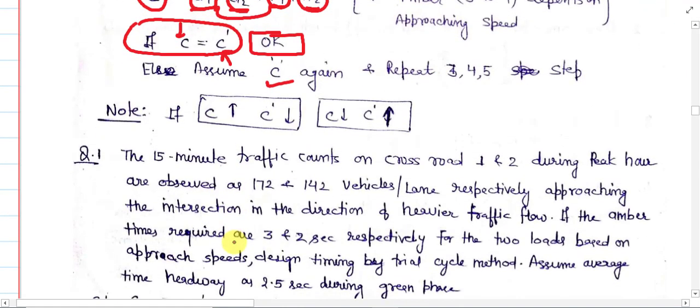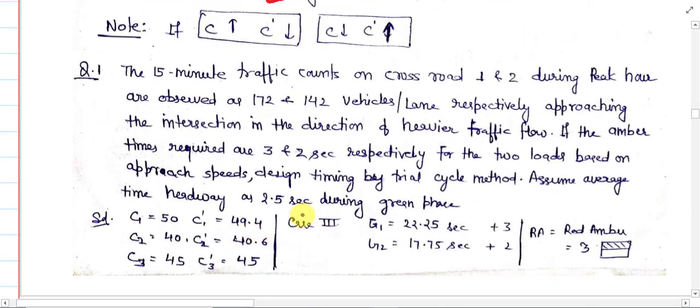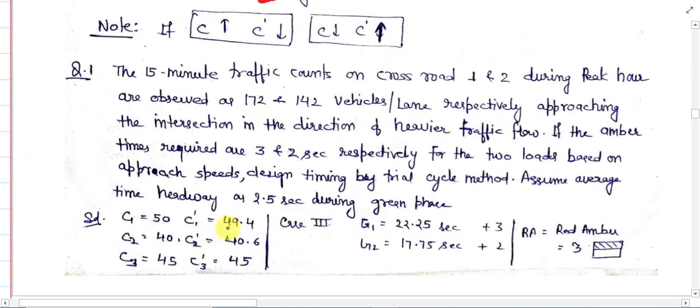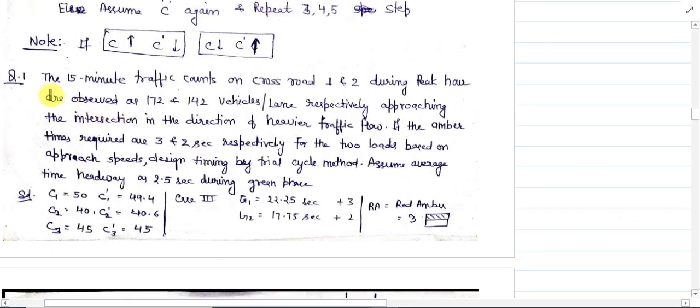Okay, let's move with question number 1. You will understand clearly after solving this numerical. Question number 1 says that the 15-minute traffic count on crossing roads 1 and 2 during peak hour, please note this peak hour, are observed at 172 and 142.